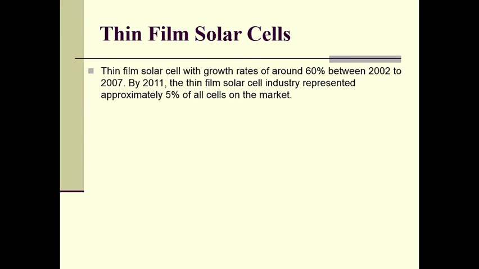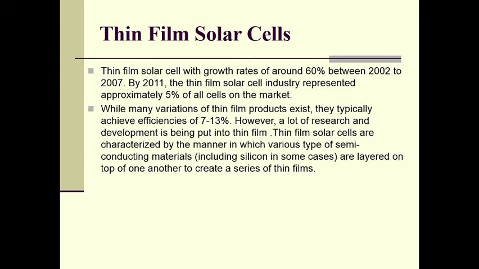Thin film solar cells had growth rates of around 60% between 2002 and 2007. By 2011, the thin film solar cell industry represented approximately 5% of the sale of the markets. While many variations of thin film products exist, they typically achieve efficiencies of 7 to 13%.